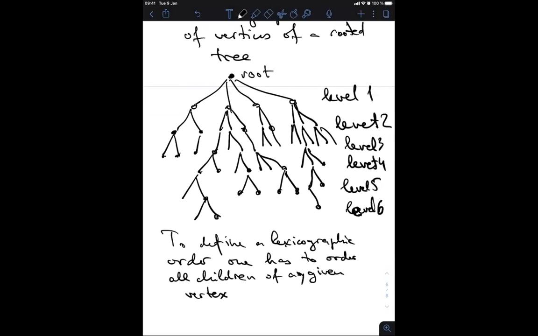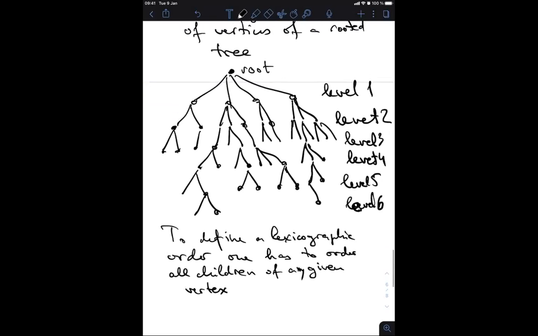Okay, so let me explain what I mean by that. Say I'm saying that my root is the biggest guy. My root is the biggest vertex. So I start with this.